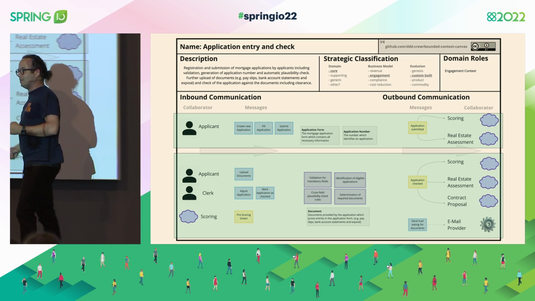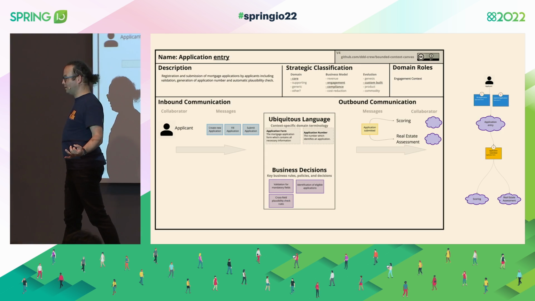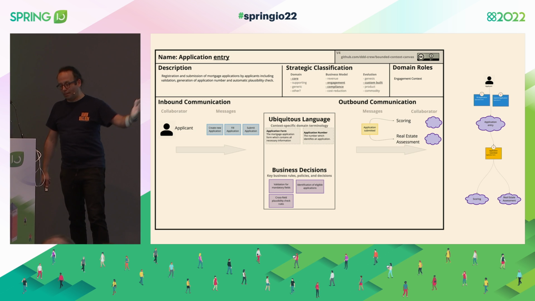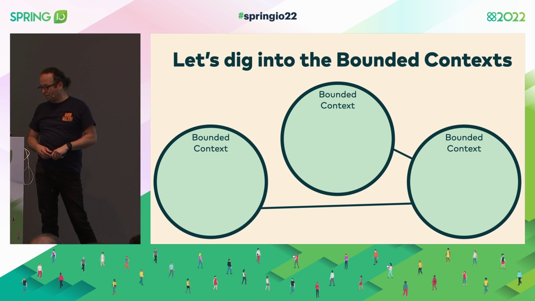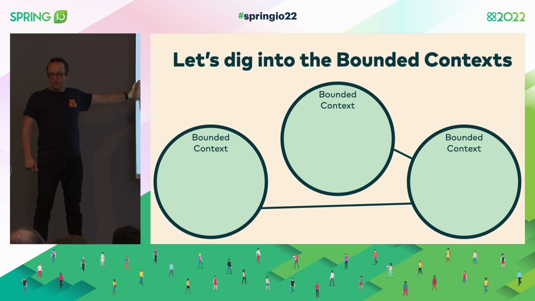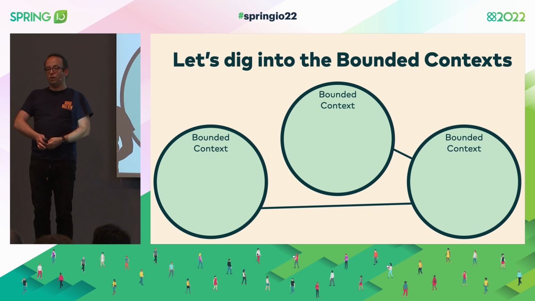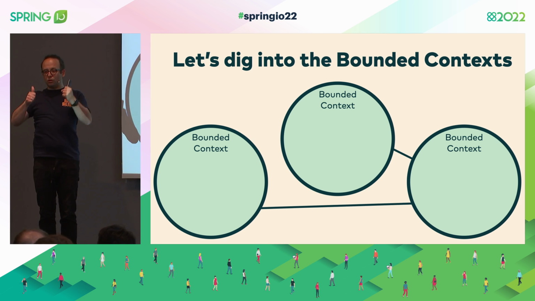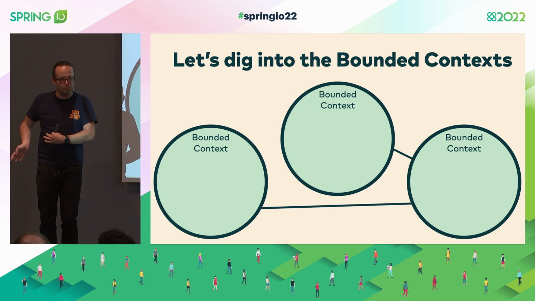So that you can also play some games on that, with questions. So we split this up into an application entry context and an application check context. So that's very nice stuff. Now, so far, we've done that. We have our bounded context candidates. Those are candidates for big modules in a monolithic application or a well-designed monolith.